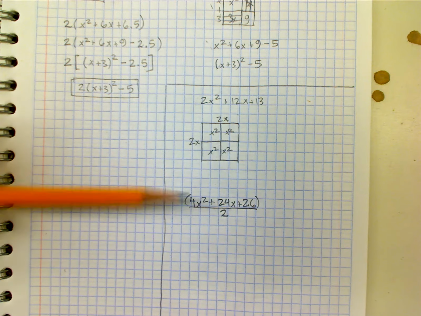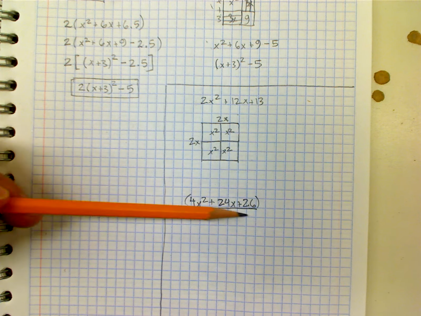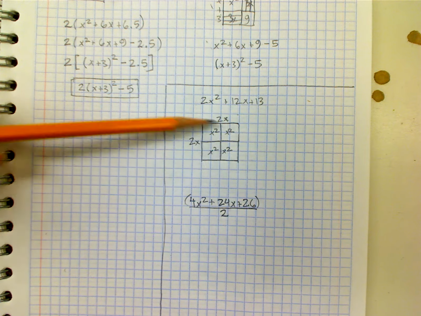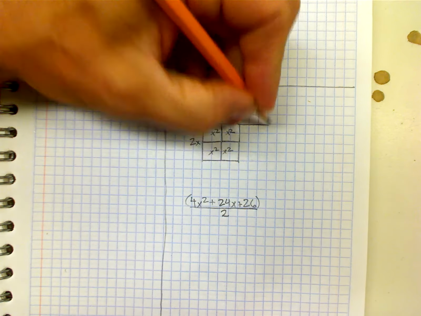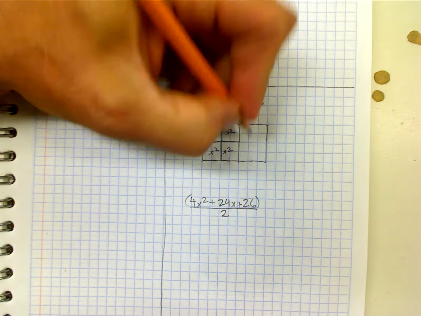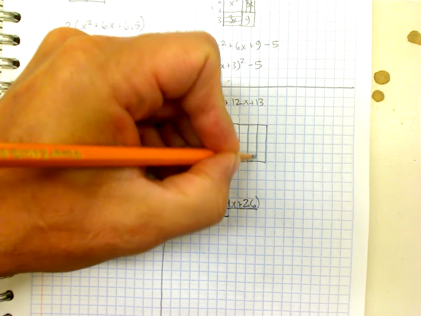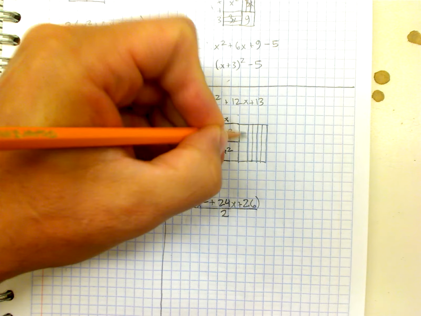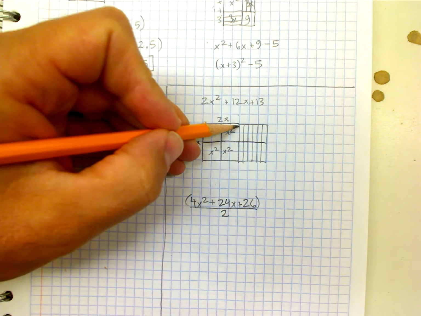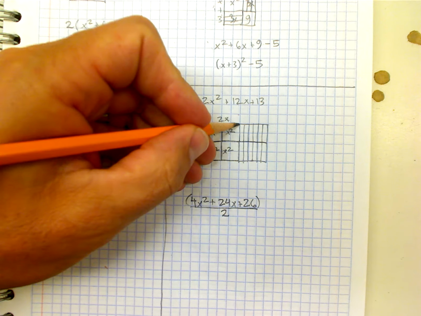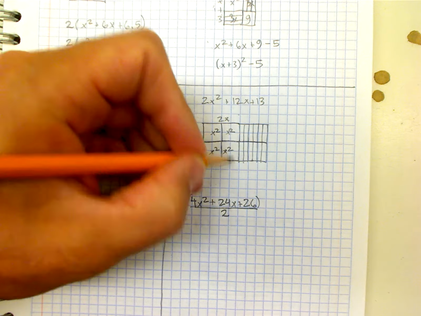So again, now I'm going to focus on completing this square. And I got the beginning of it, 4x squareds. Now I'll take these 24x's and I'll put 12 of them right here. I've got to double them up so that I can fill up this entire space right here.